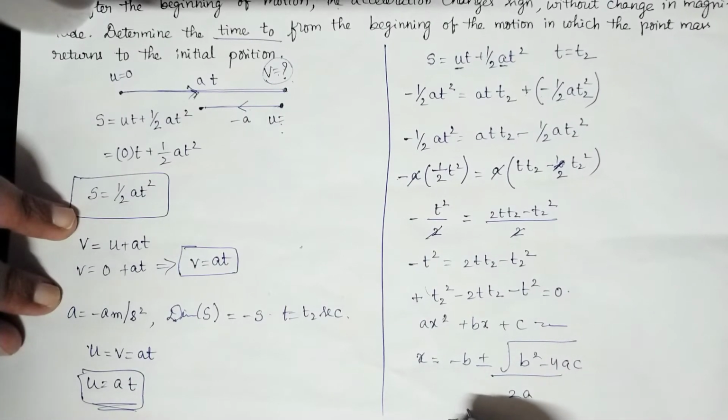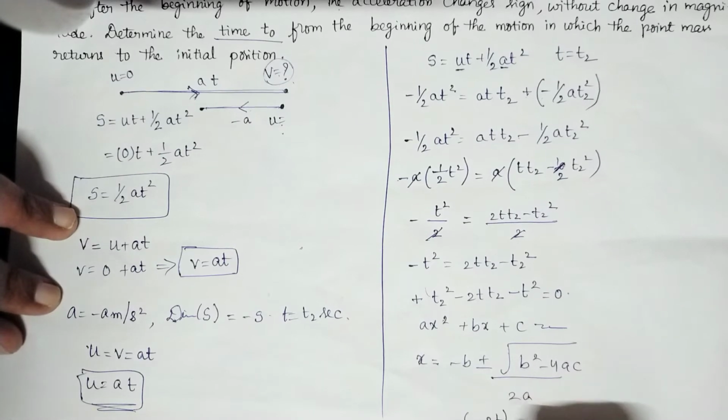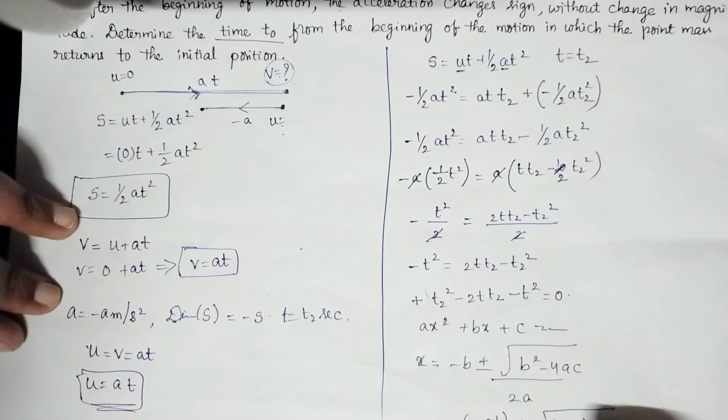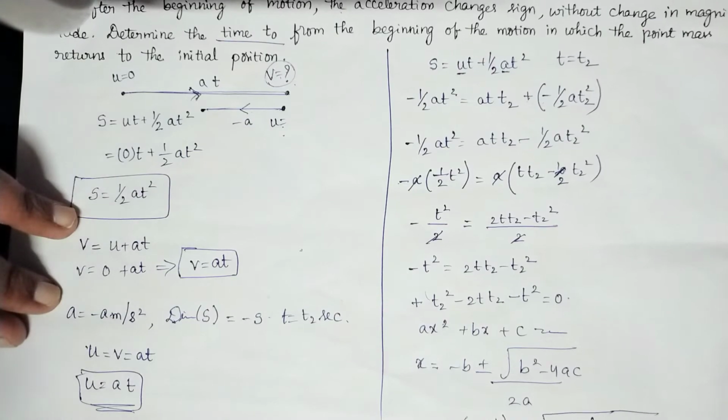Here minus b is minus of minus 2t, plus or minus root of minus 2t whole square minus 4 into a, which is 1, and c, which is minus t square, over 2 into a, which is 1.